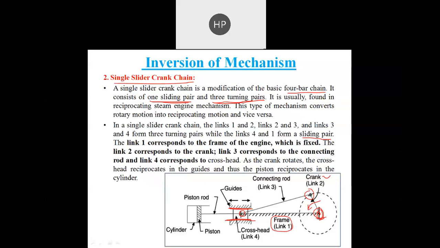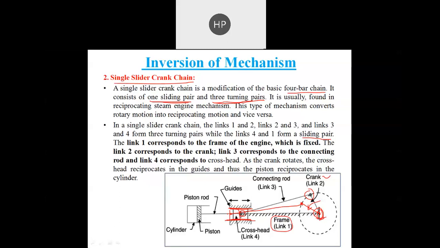After some time the position of the crank will be here, and due to that this point has a sliding motion up to here. So this will be the position of link 3 and this will be the position of the slider.